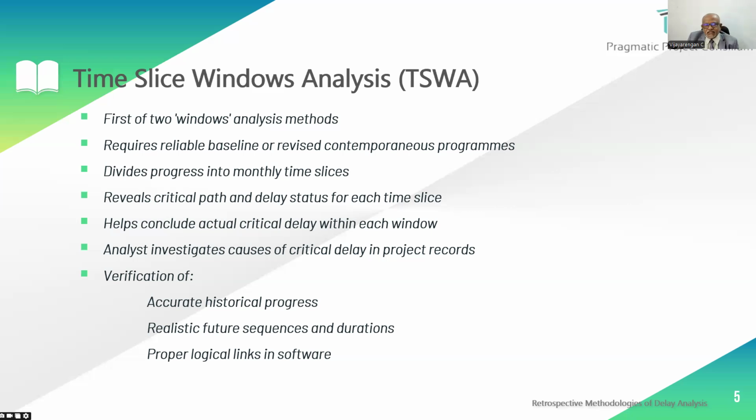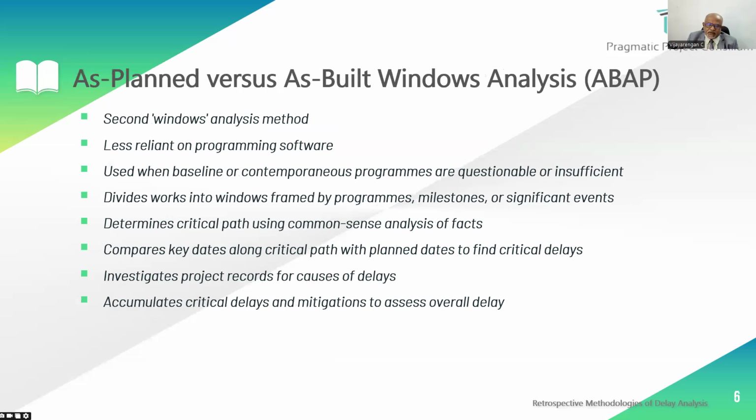Of course, we have discussed that enough. We need a more accurate baseline as well as the actual data, the actual updated program. Coming to as-planned, as-built, of course we need the as-built baseline program as well as the as-built data.